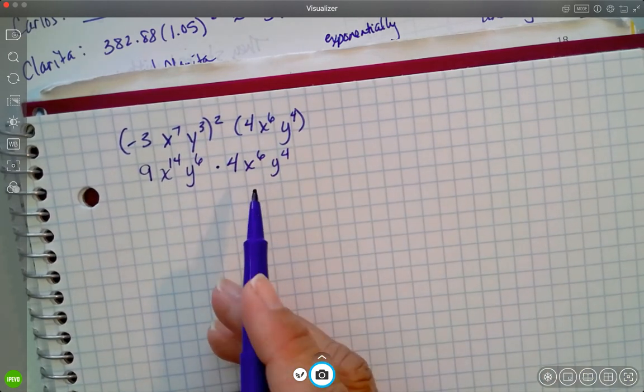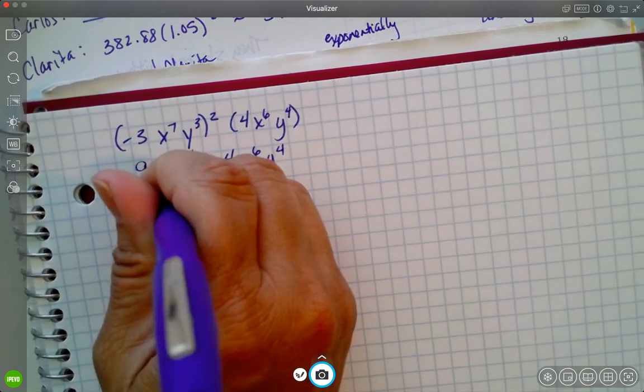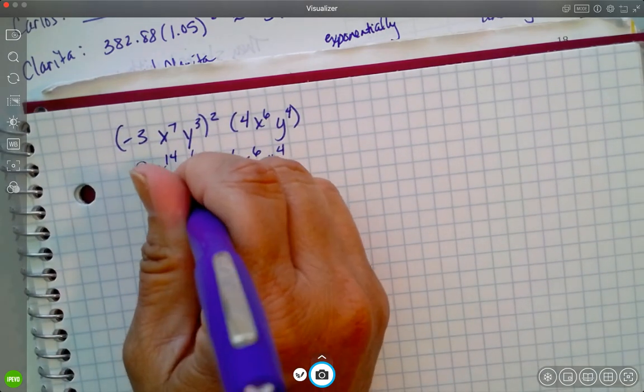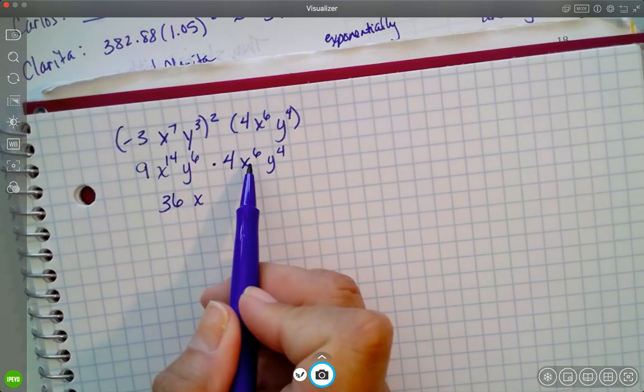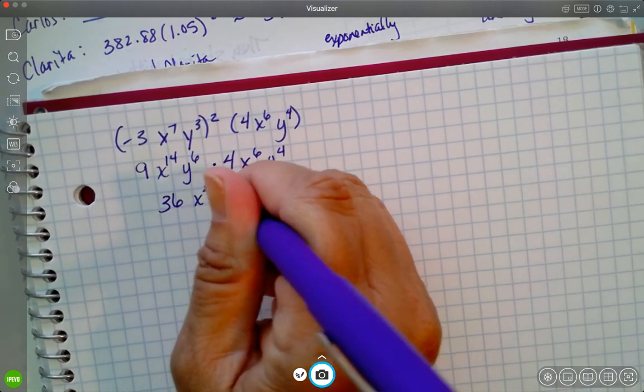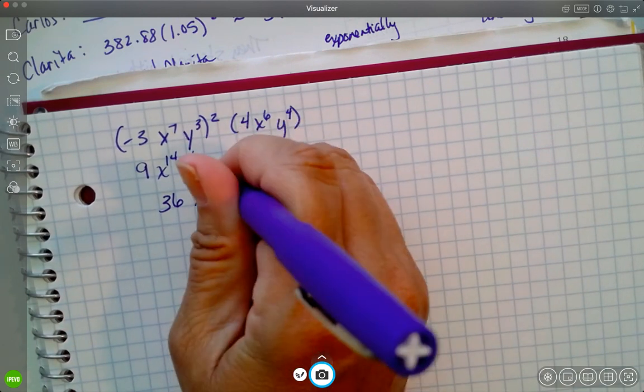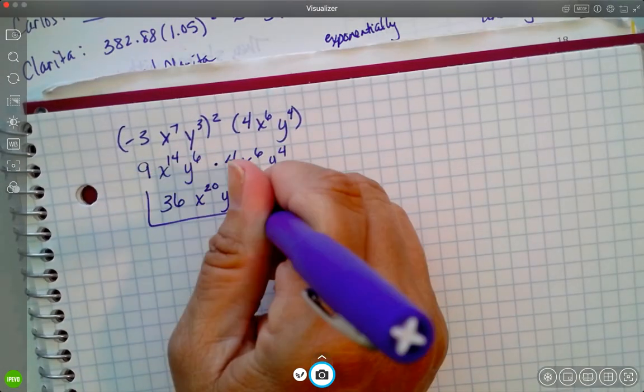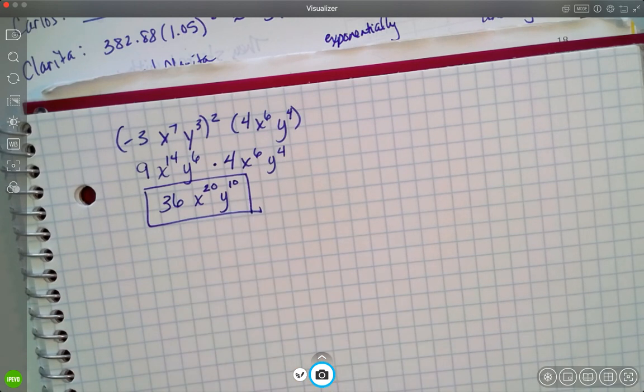So I have 9 times 4, 36. And then I have x to the 14 plus 6, which is 20, and y to the 6 plus 4, which is 10. So this is the answer you should get for number 9.